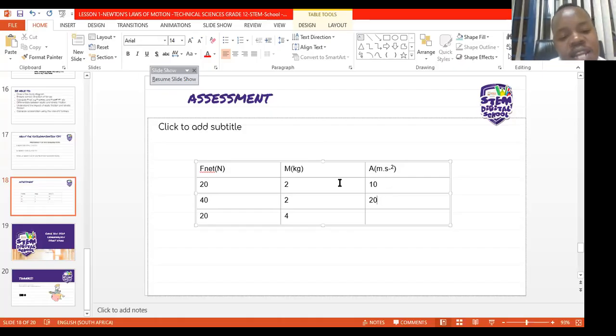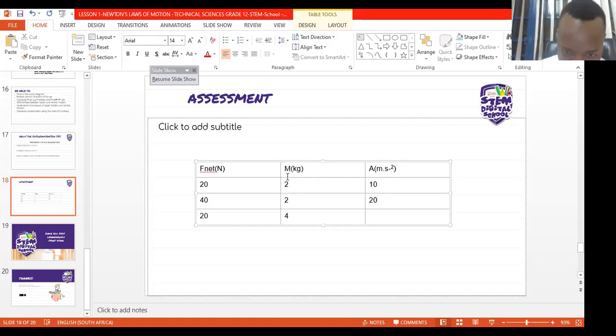So this explains that relationship where we say acceleration is directly proportional to net force, because from scenario A to scenario B, we can see that we doubled the net force and the acceleration doubled.